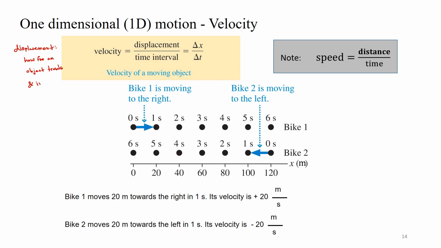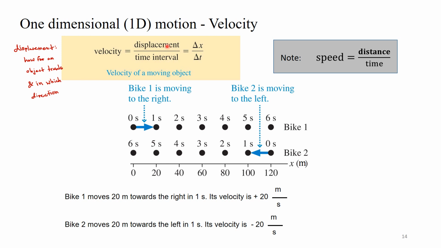Okay, so displacement takes into account how far an object travels and in which direction. Okay, so it can be a positive direction, negative direction, but whichever direction you specify has to be accounted for in the displacement.